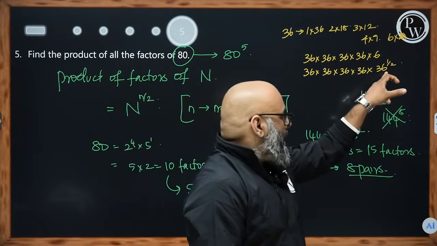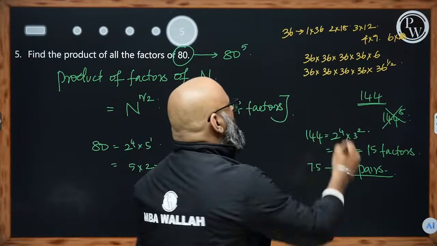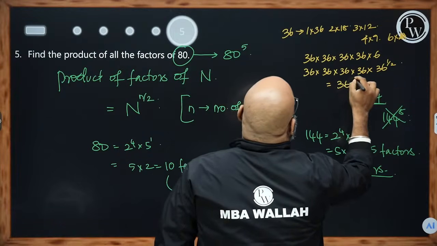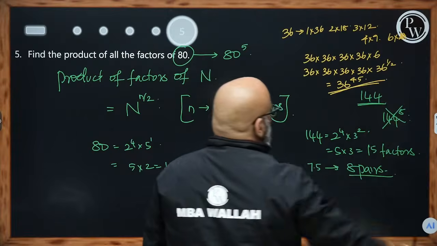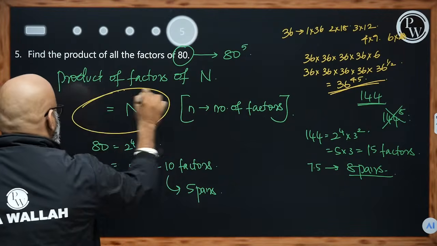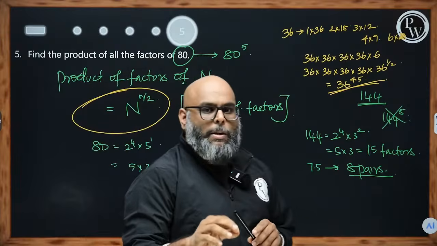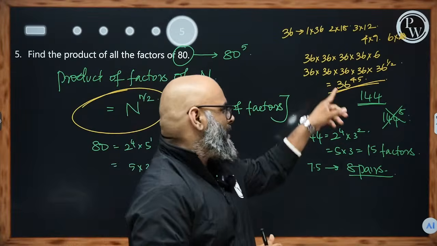Instead of 6, can I write this as 36 power 1 by 2? Now can I add all the powers? This will become what? 36 power 4.5. Now this is the formula irrespective of whether it is a prime number, whether it is a perfect square or a non-perfect square. It doesn't matter.